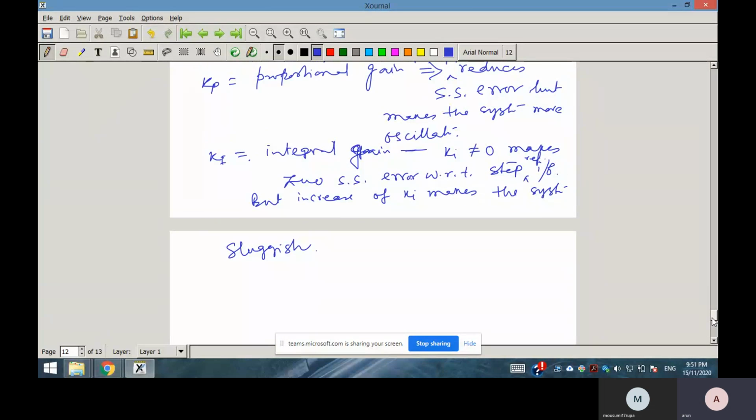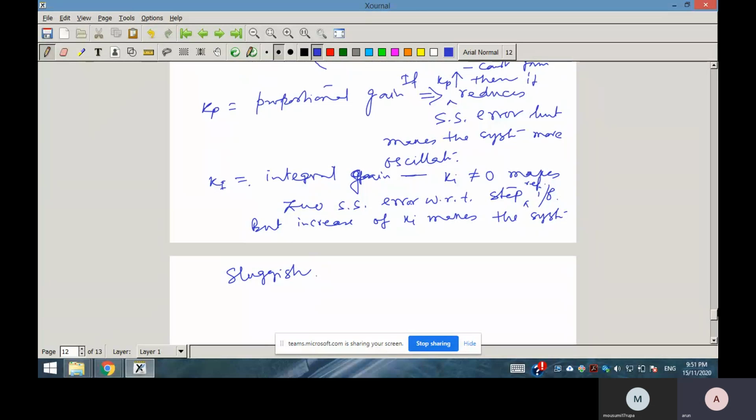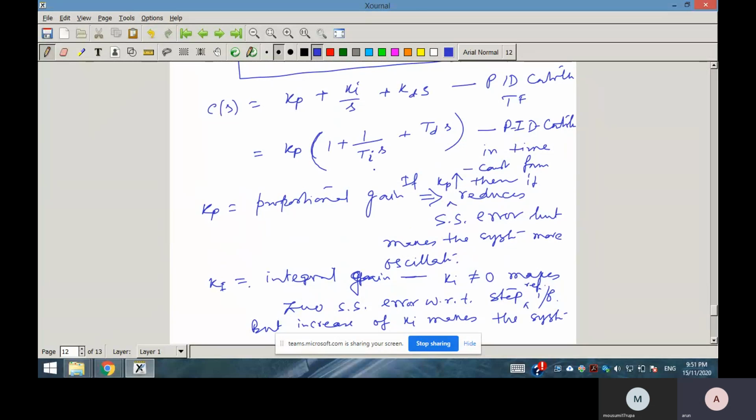If you increase Ti, the integral time constant, you are introducing a pole at s equal to origin, so this is a slow pole, so it will ultimately make the system sluggish. It will be difficult to control.